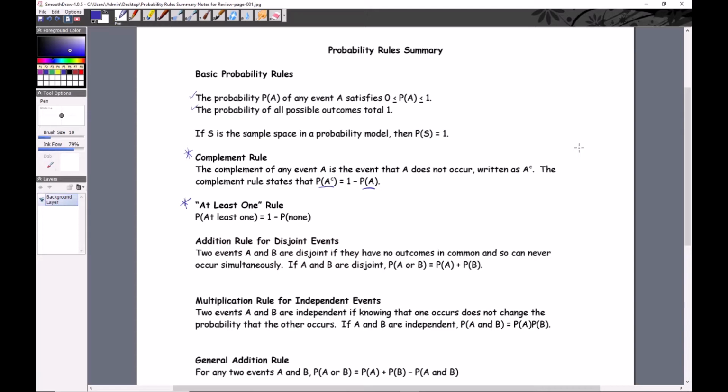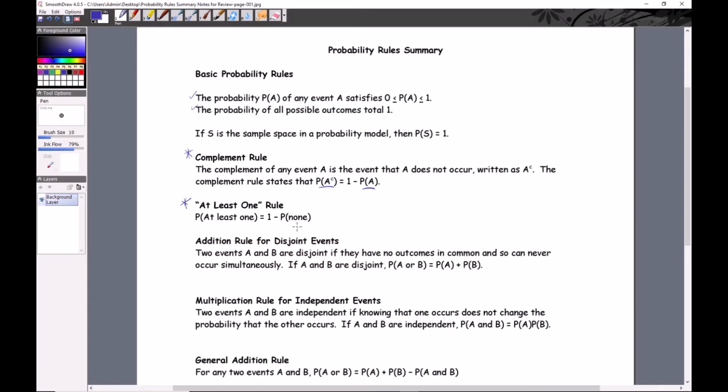It could be 2, and you need all the combinations of 2 that could go out, then 3, then 4, then 5. There are so many options, so why not just figure out the probability that none of them go out, and subtract that from 1, and whatever the difference is will inform you as to all of those possibilities combined. So your at least 1 rule is 1 minus the probability of none.